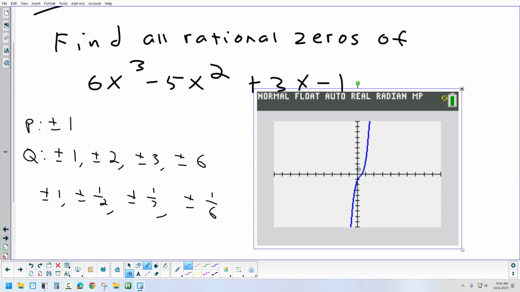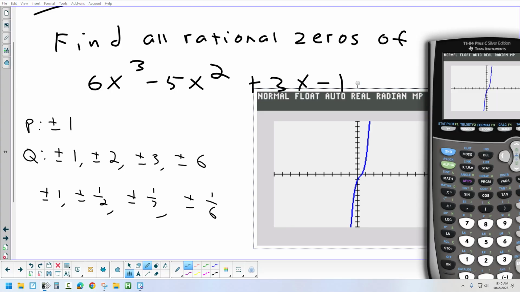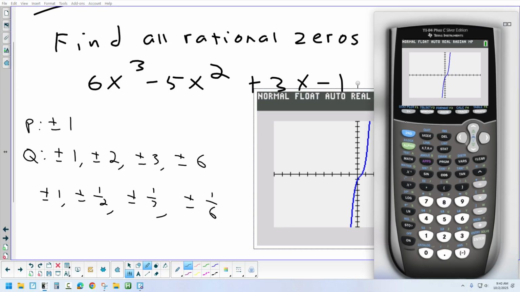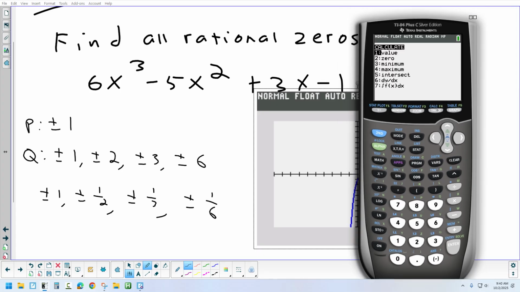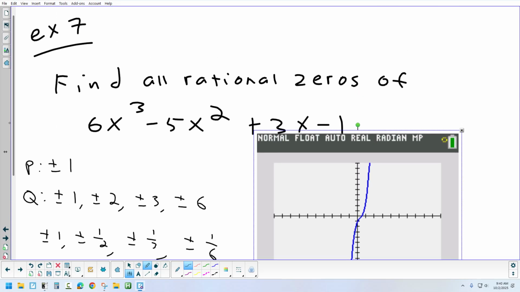I would say 1/2 is the only one that's even really pretty close. So if 1/2 doesn't work, then there's not going to be any. All right, 0.5. Yeah, 0.5 is where it crosses.